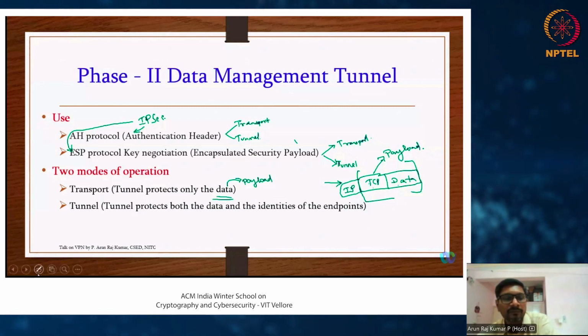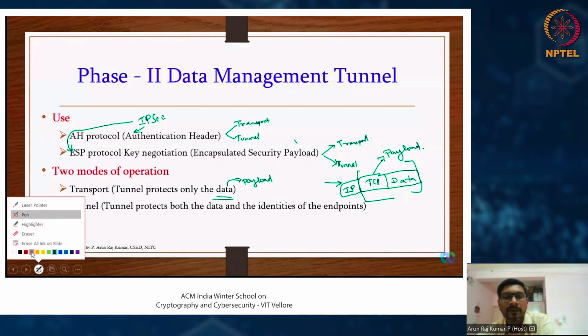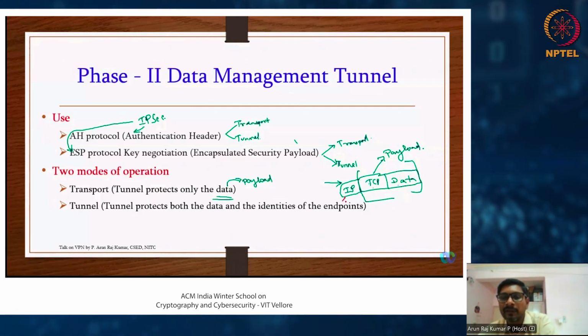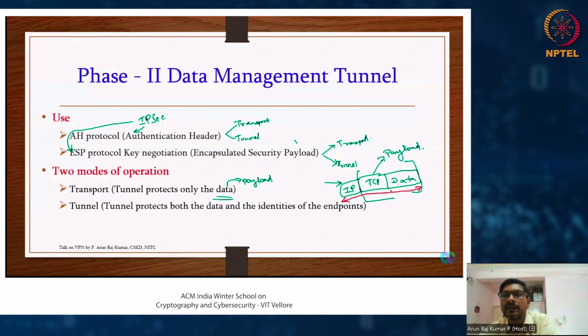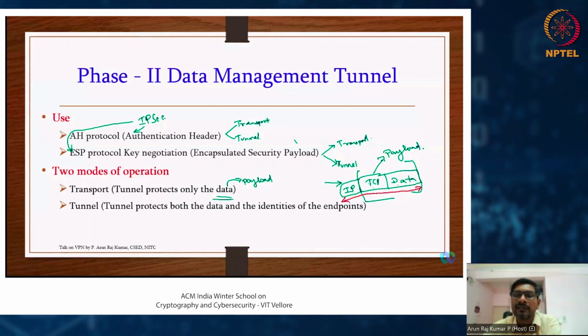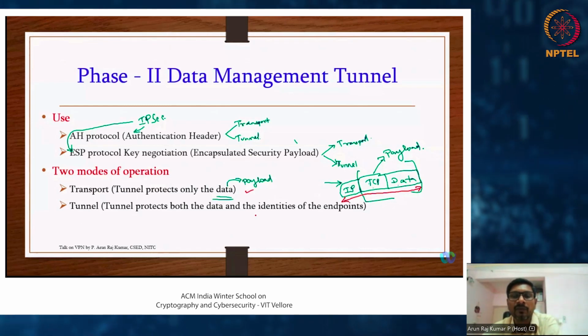In tunnel mode, they protect the IP, TCP and data all together. That's the difference between transport and tunnel mode. In transport mode, you protect only the TCP and data. In tunnel mode, you protect even the IP, TCP, and data.